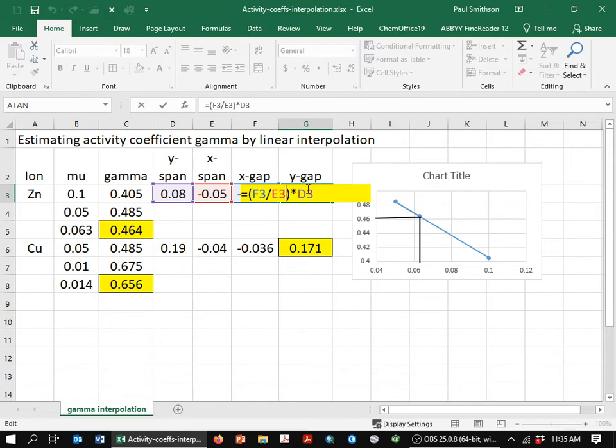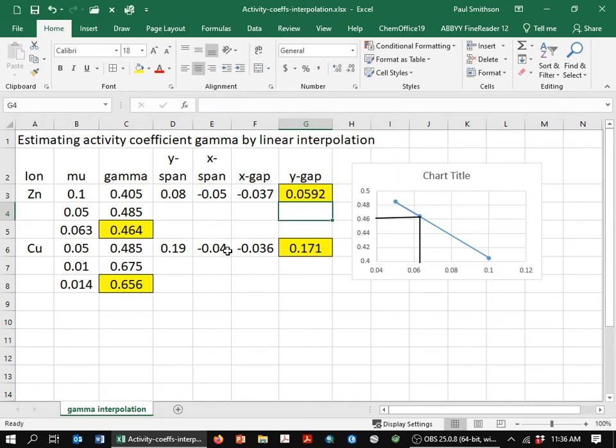So that's the proportion of this, that is there, to the total span down to 0.05. And that's times the y span. In other words, we just set up a proportion and rearrange it.